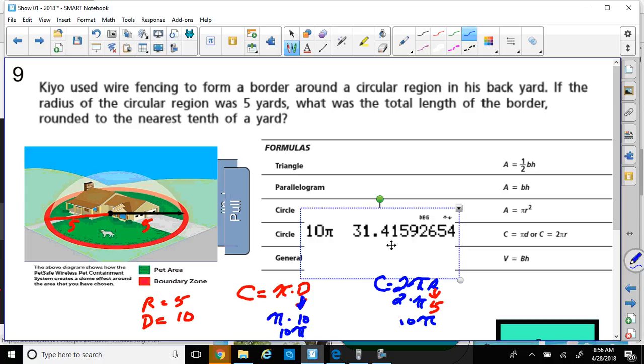If it's not, we just get rid of all of that and leave it at 31.4. So our answer is just going to be 31.4, and that's going to be yards.